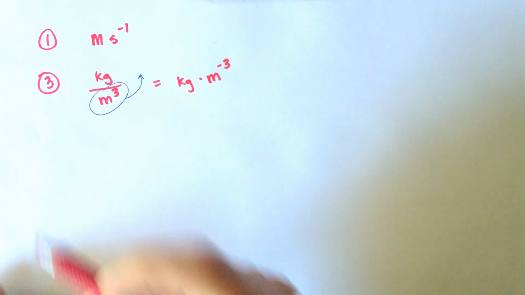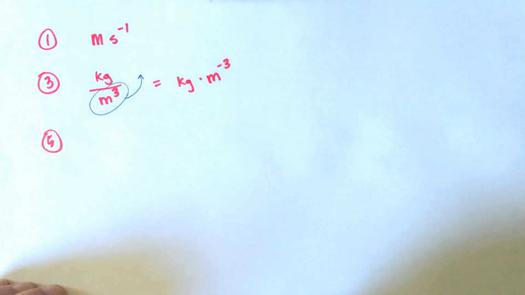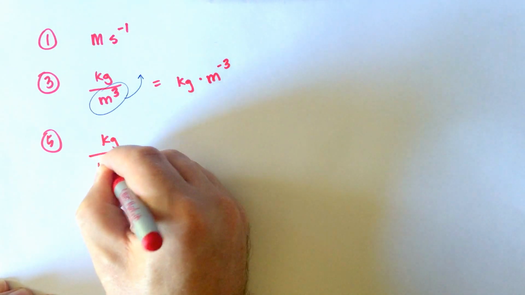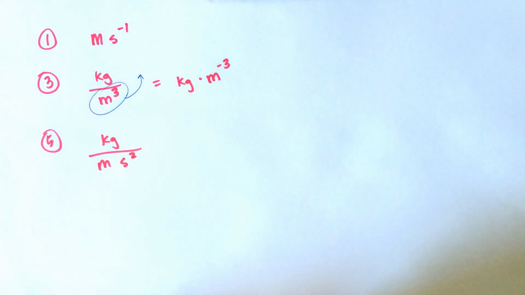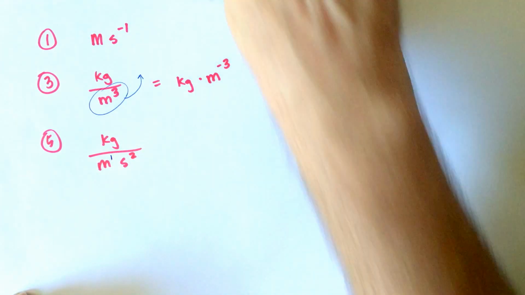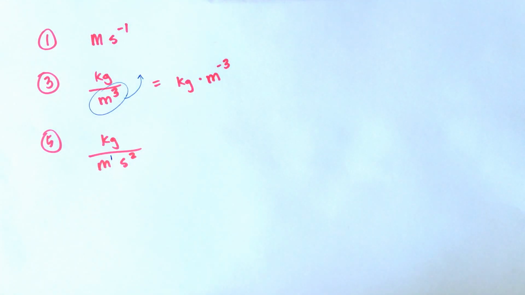Number 5 says kilograms over meters times seconds squared. I could rewrite this. This meters really has an exponent of +1 in the denominator.